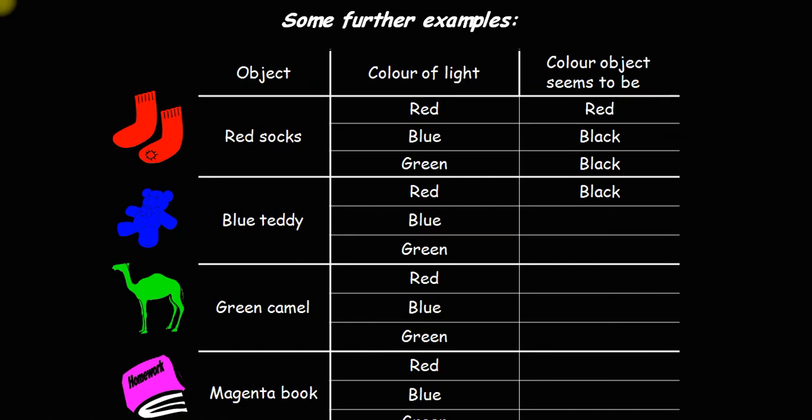That's why you see it as magenta. So a red light on a magenta book will appear red because part of the color is being reflected. It's one of the colors that is being reflected. A blue light on a magenta book will appear blue, but a green light on a magenta book, the object will appear to be black.